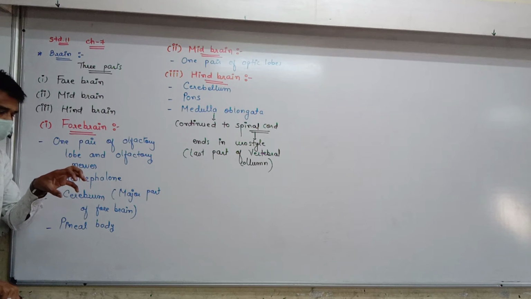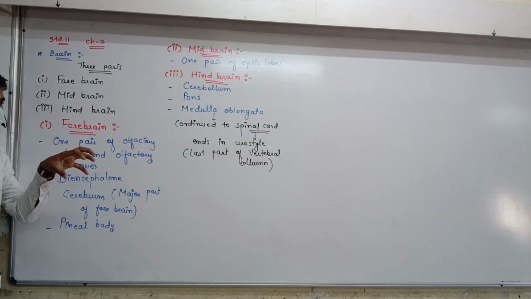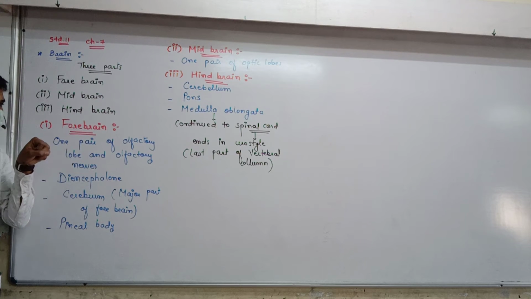From the nasal chamber, the olfaction sensation is received by the olfactory nerves and sent to the olfactory lobe. And in the olfactory lobe, the olfaction center is there.